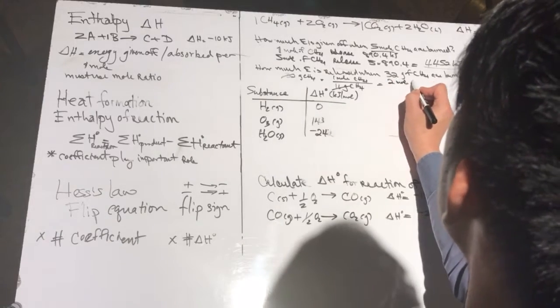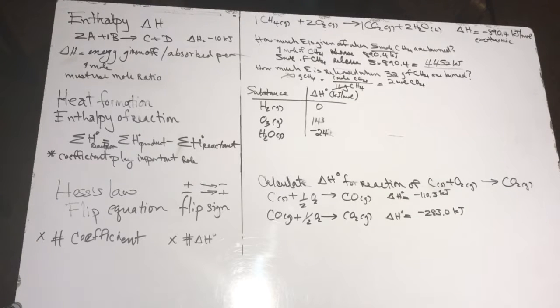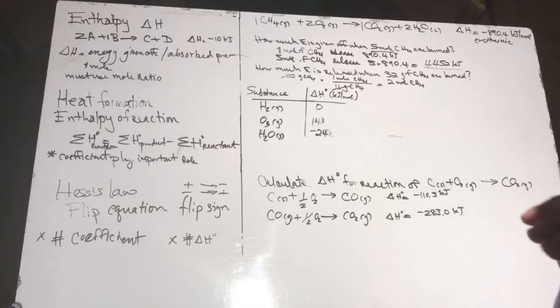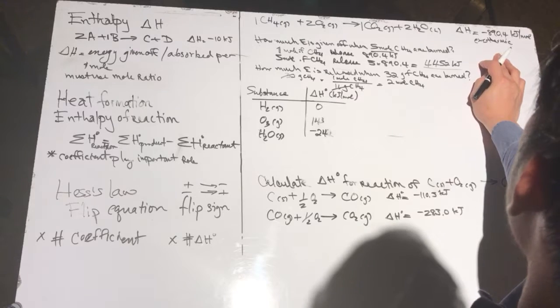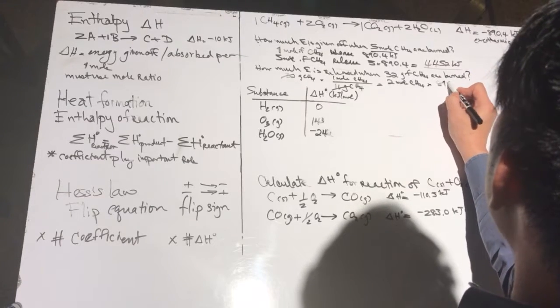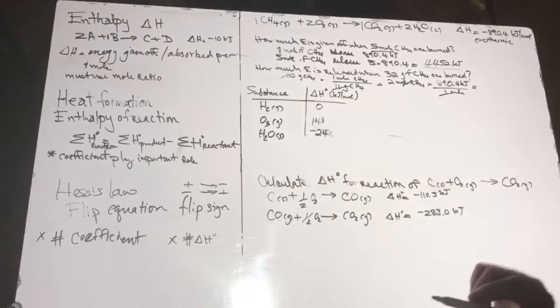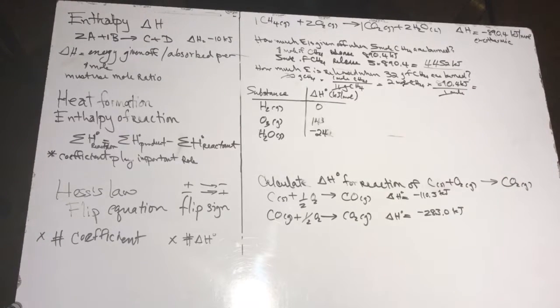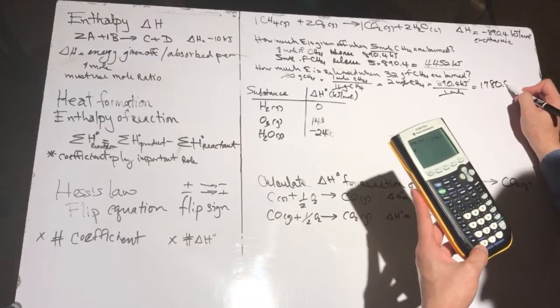This converts into 2 moles of CH4. 1 mole of CH4 produces 890.4 kilojoules per mole. So if you have 2 moles, multiply this by 2. It would be 890.4 times 2, and that gives us about 1,780.8 kilojoules.